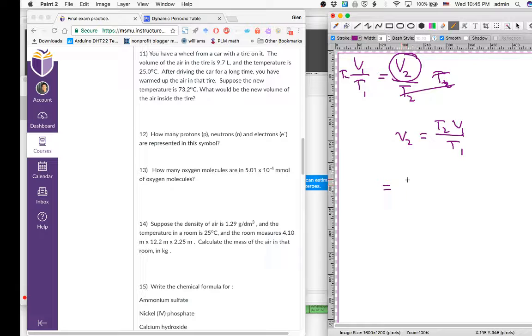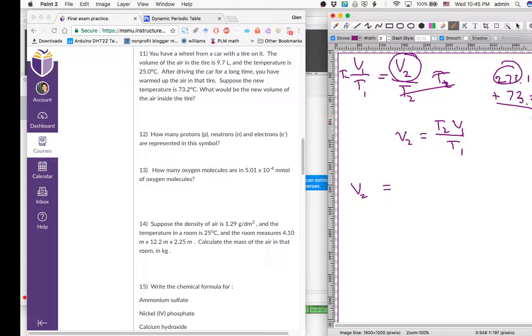So V2 equals the Kelvin temperature for T2, which is 273.15 plus that. What you need to memorize, folks, is 273. You do not need to memorize the 0.15 if you don't want to, but you can if you like. Plus 73.2.